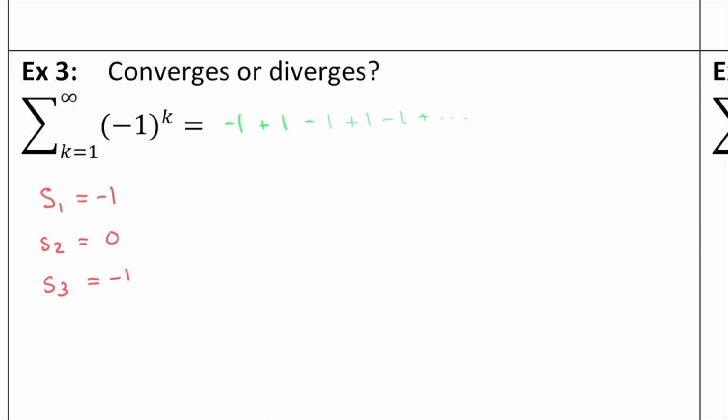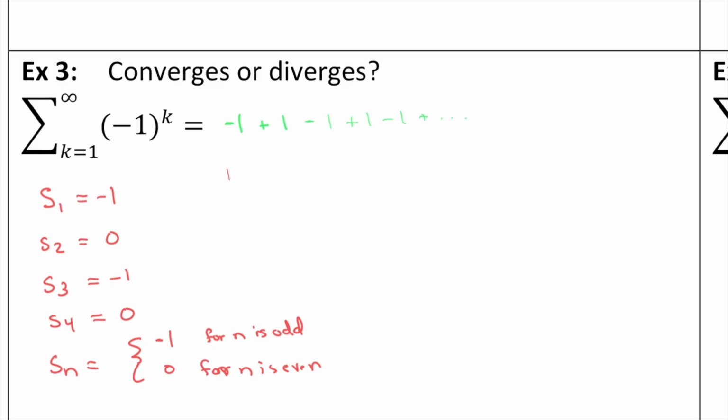S3 again is -1, and S4 is 0. So Sn has 2 different possibilities. The series will add up to -1, and that only happens for n is odd, or it's going to be 0 for n is even.